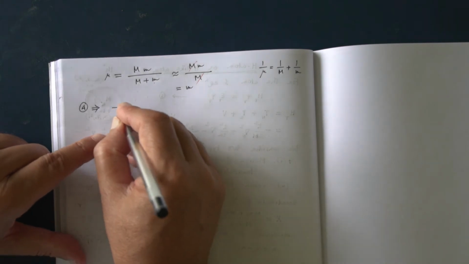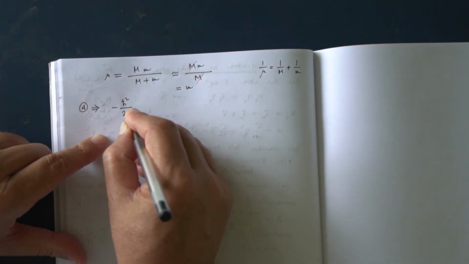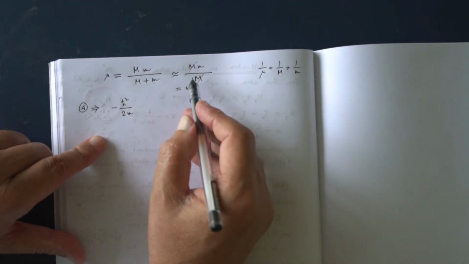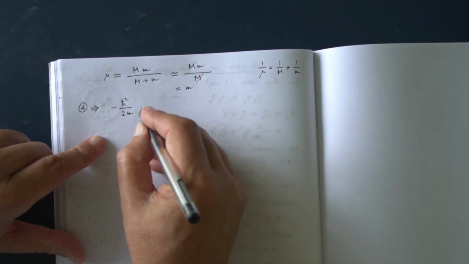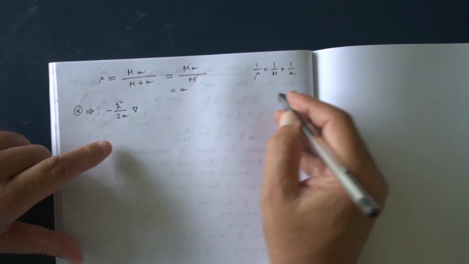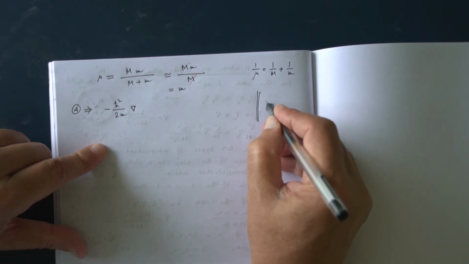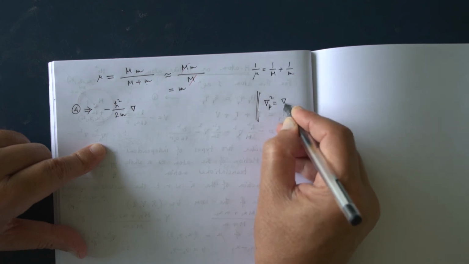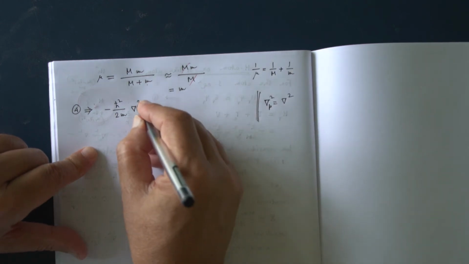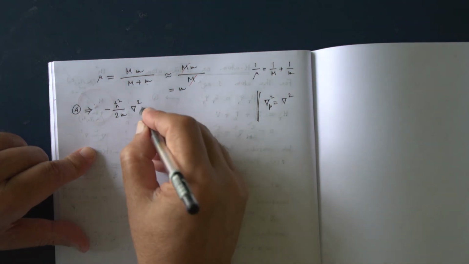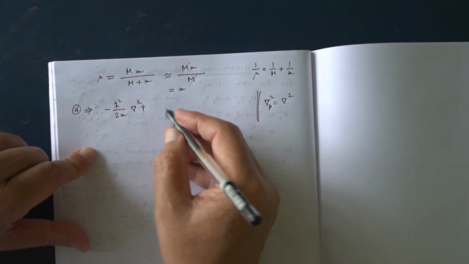So minus h bar square by mu, and in place of mu I will write m, because we have already shown that. Then del square, for convenience, psi.